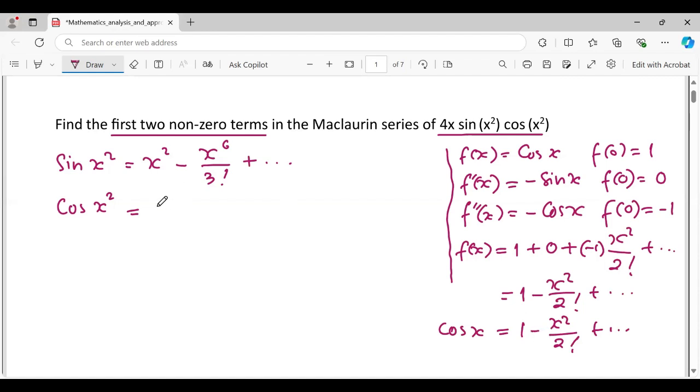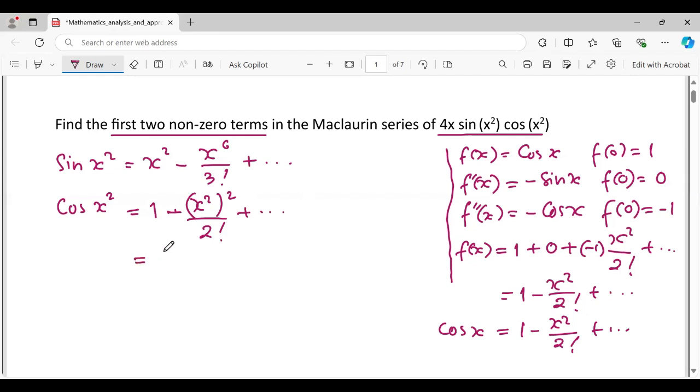So for cosine x squared, the Maclaurin series will be 1 minus x squared, squared, over 2 factorial, plus so on.